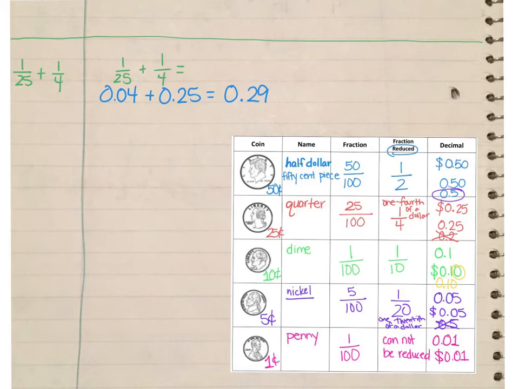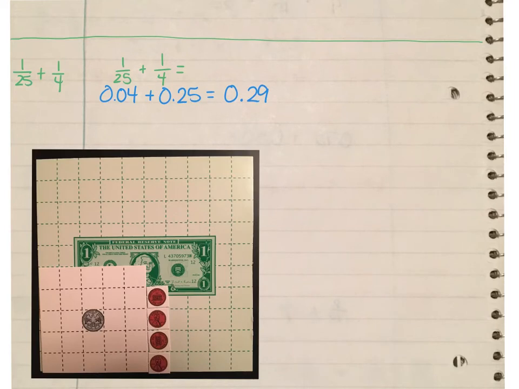Now it's our job to figure out, what does 1/25 plus 1/4 equal? I'm going to get out my money mat and put these down so that we can see it more visually. Here's my money mat. I have 4 cents right here, which is the same as 1/25.